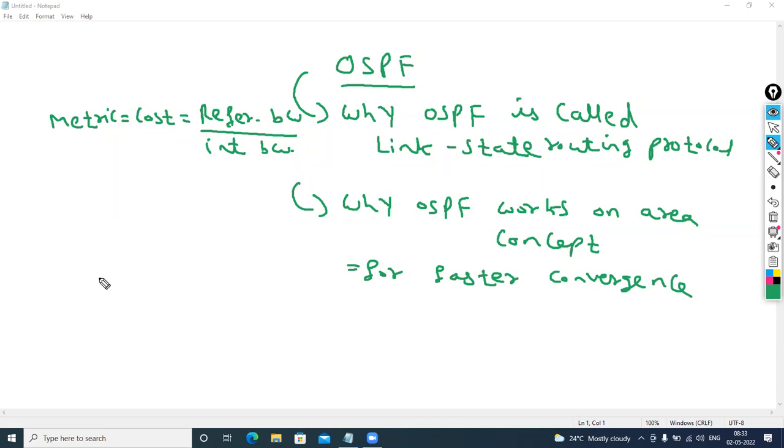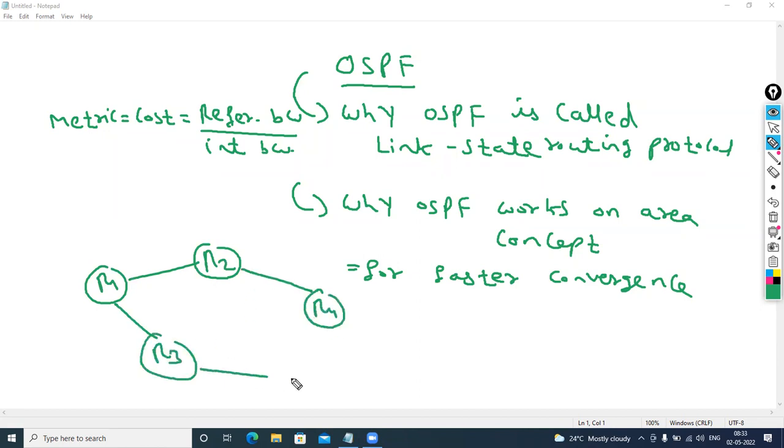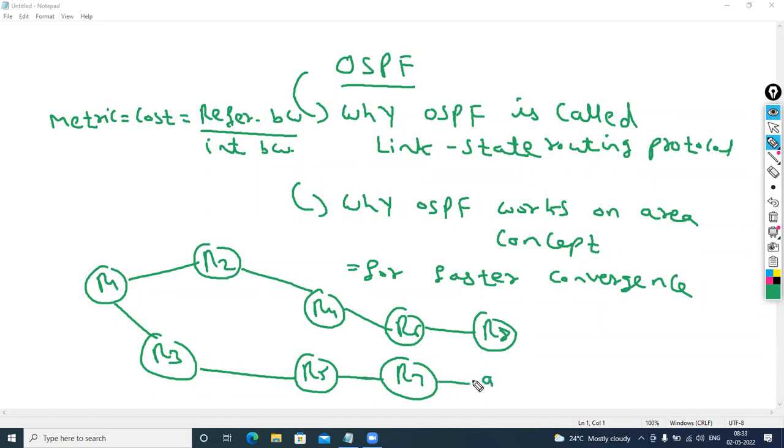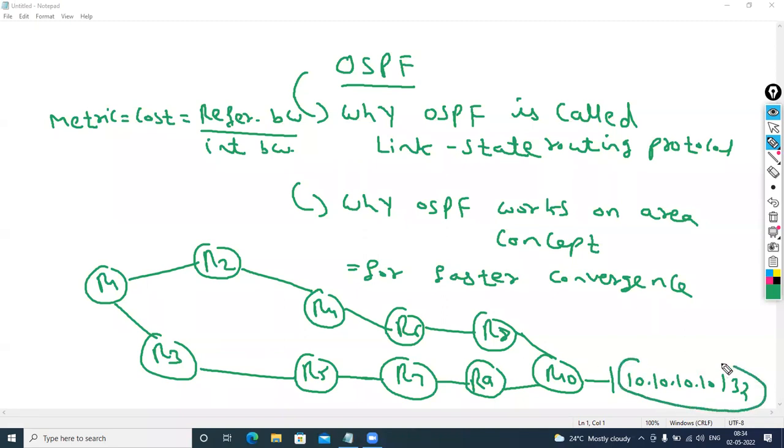Let us consider we have 10 routers: R1, R2, R3, R4, R5, R6, R7, R8, R9, and R10. Let us consider R10 as the loopback /32. In this topology, how much time will it take for R1 to calculate the best path to 10.10.10.10? It will take more time, correct?